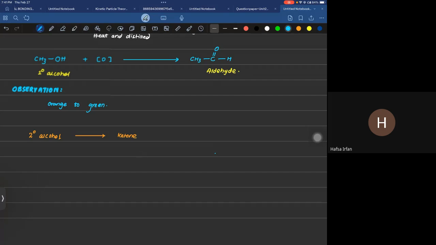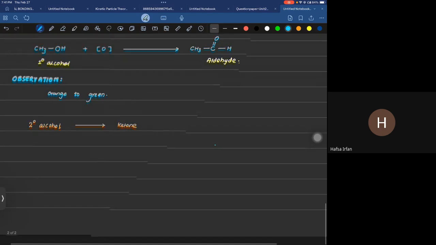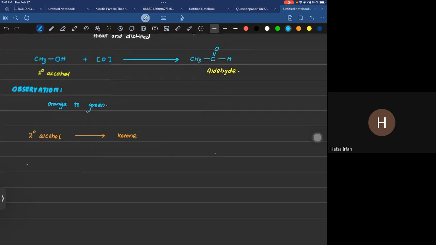Both are the same. तो ये मैंने ले लिया सेकेंडरी अल्कोहल. ओके, दैट इज दिस. और ये बन जाएगा आपके पास.